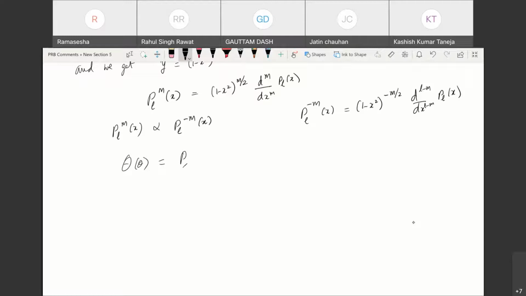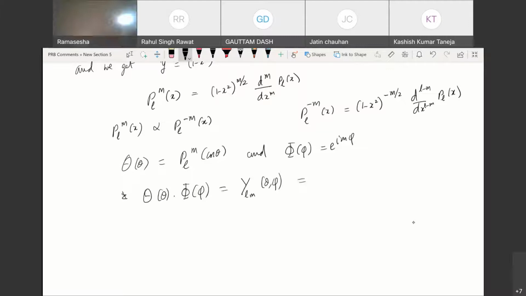And Phi of phi is equal to e to the power i m phi. Okay, so the product Theta times Phi is usually written Y theta phi, or also written as Y_lm theta phi.